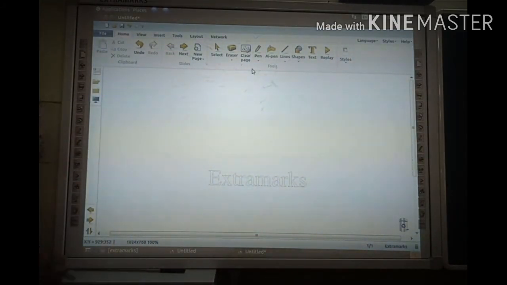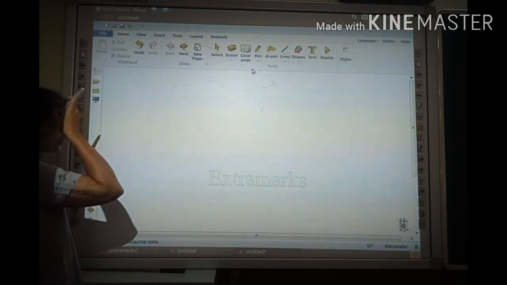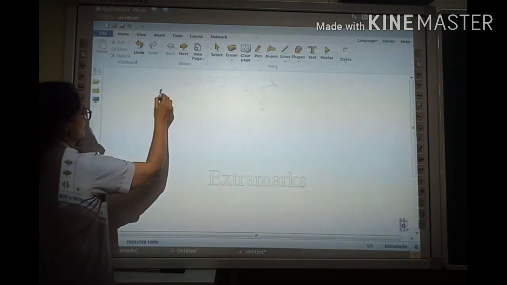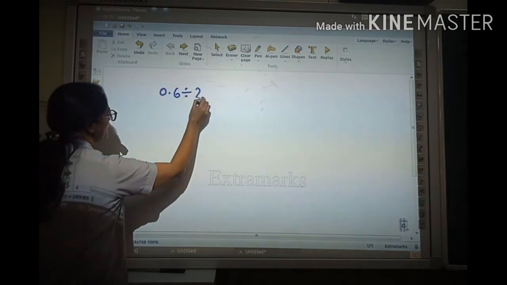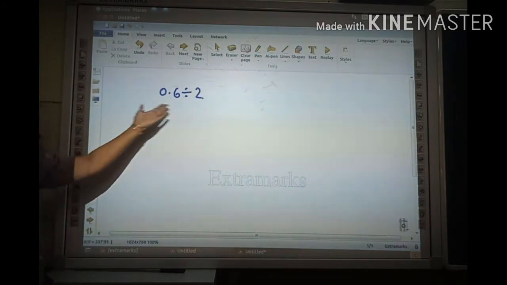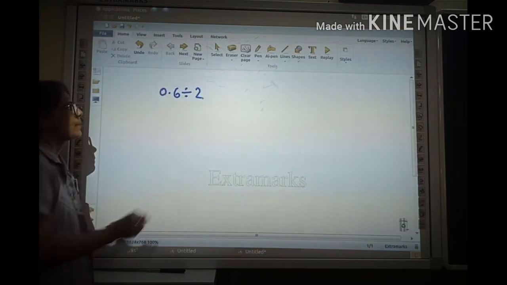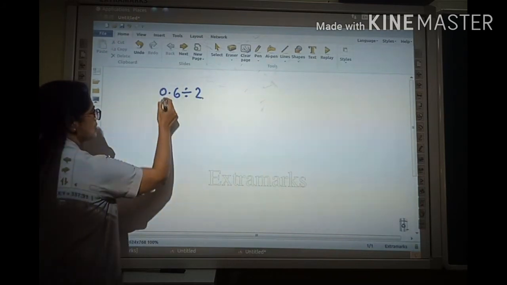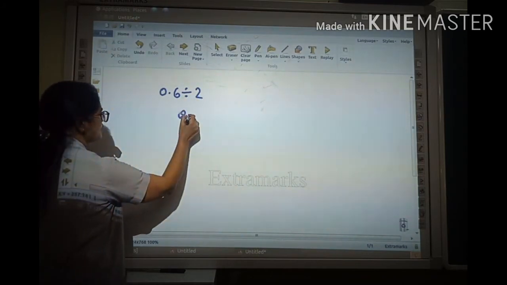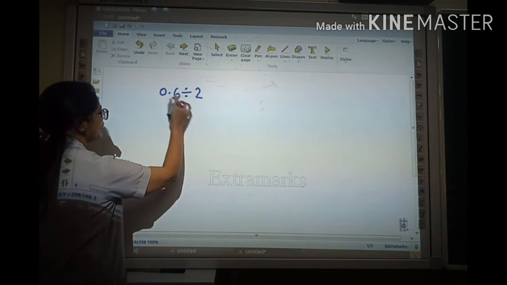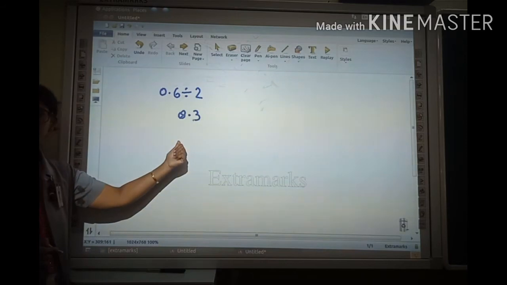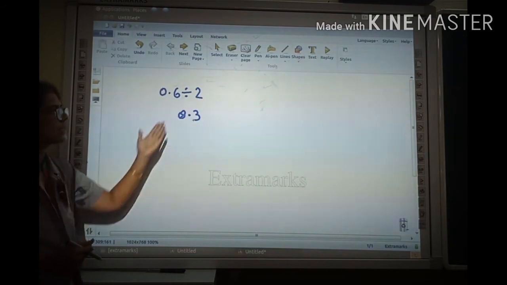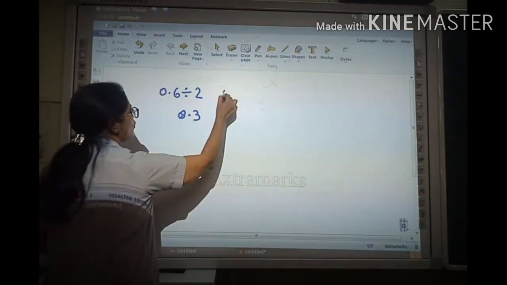Before that, if you want to solve the sum orally, suppose 0.6 divided by 2. So how can you solve this sum orally? As you all know, this is the decimal number. So first you have to place the decimal, then 2 3s are 6. So what is the answer? 0.3, right? So this way you can solve the sum orally also.